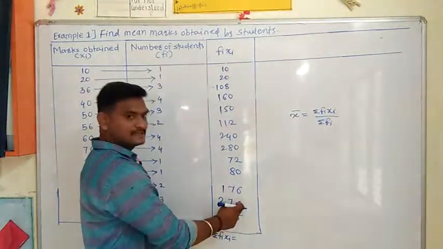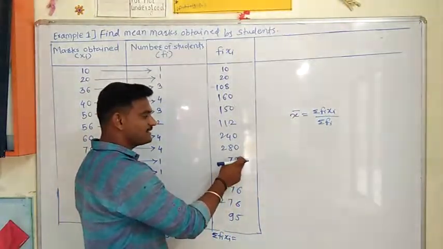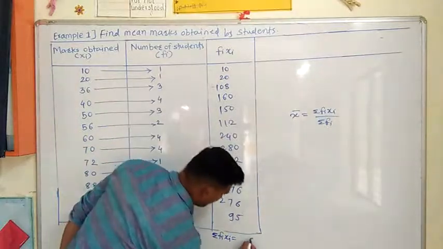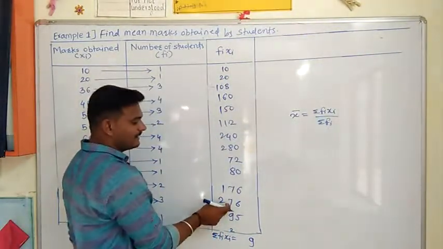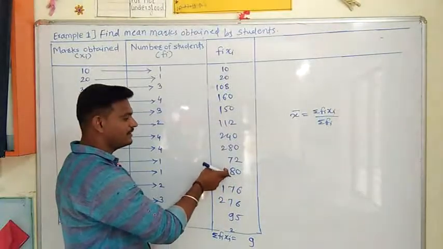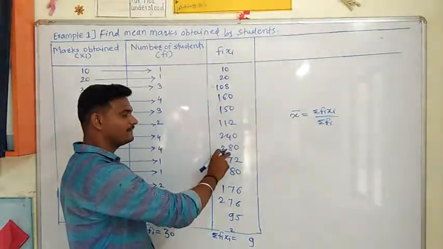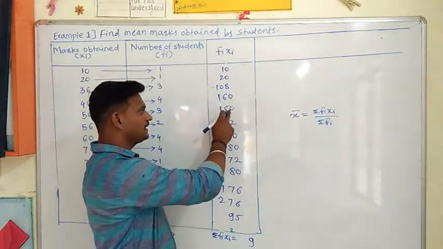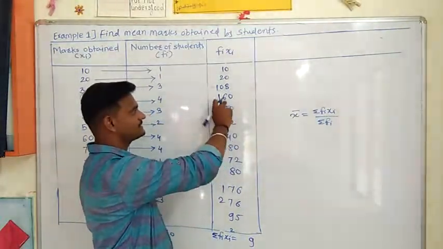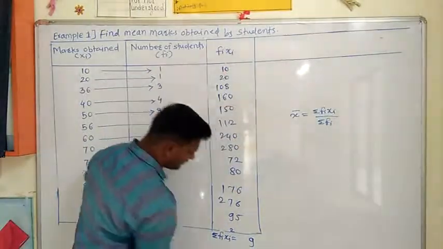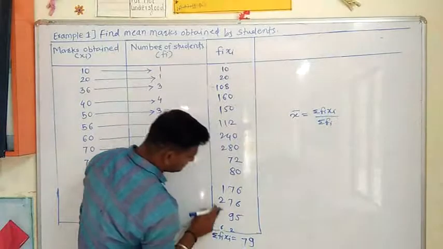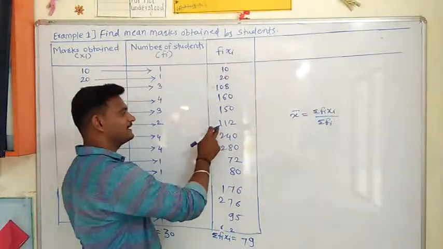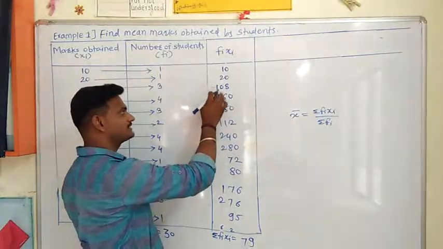Summation of fi into xi is equal to 5 plus 6, 11, 11 plus 6 is 17, 17 plus 2 is 19, 19 plus 2, 21, 21 plus 8 is 29, 29 carry 2, 2 plus 9, 11, 11 plus 7, 18, 18 plus 7 is 25, 25 plus 8, 33, 33 plus 7 is 40, 40 plus 8 is 48, 48 plus 4 is 52, 53 plus 5 is 58, 58 plus 6 is 64, 66 and 67. 7 here and carry 6, 6 plus 2, 8, 8 plus 1 is 9, 9 plus 2, 11, 11 plus 2, 13, 13 plus 1 is 14, 14 plus 1 is 15, 16, 17.